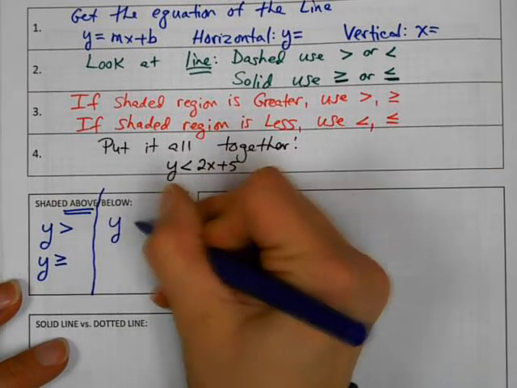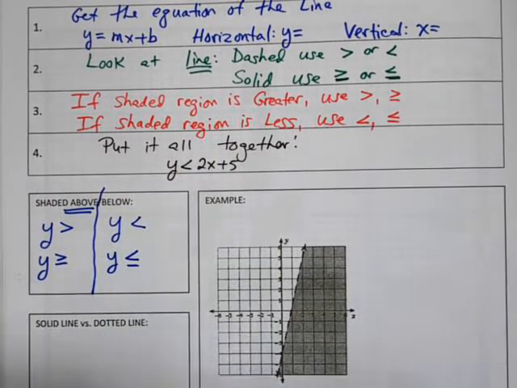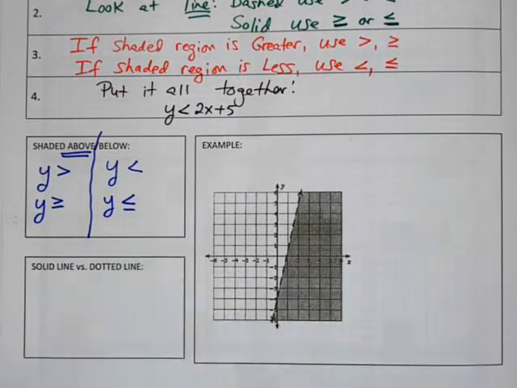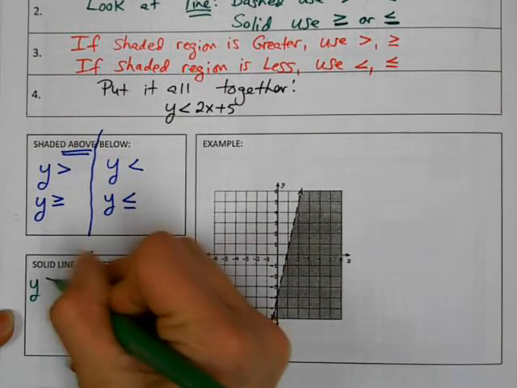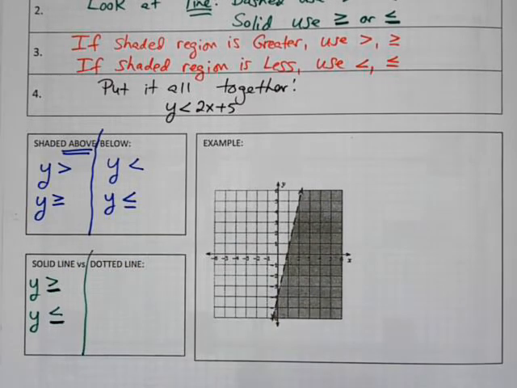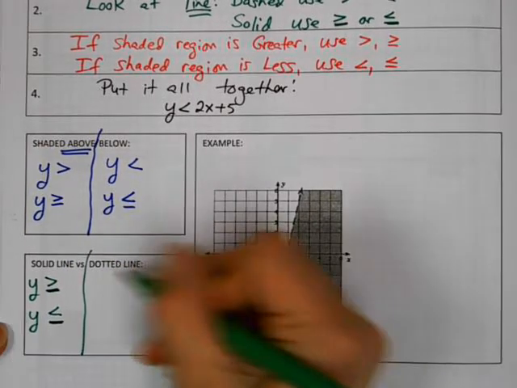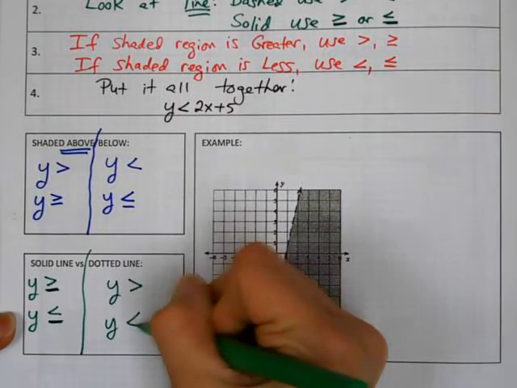Then you'd say y is less than, or y is less than or equal to. And then don't forget about the solid versus dashed. A solid line would say y is greater than or equal to, or y is less than or equal to. You want to equal the line and be solid. Dotted lines are just going to have the greater than or the less than signs.